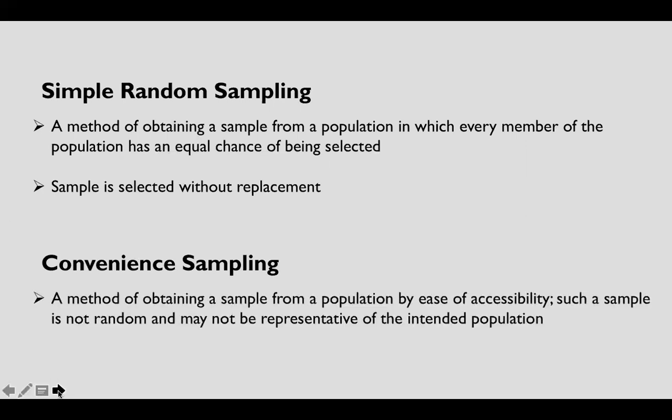While convenience sampling is less preferred here in statistics, because it's when you obtain a sample from a population by ease of accessibility. So this means that our sample is not random, and therefore it's probably not representative of the intended population, which is not what we want out of our samples. We want to make sure that A, it is random and B, it is representative of the population as a whole.